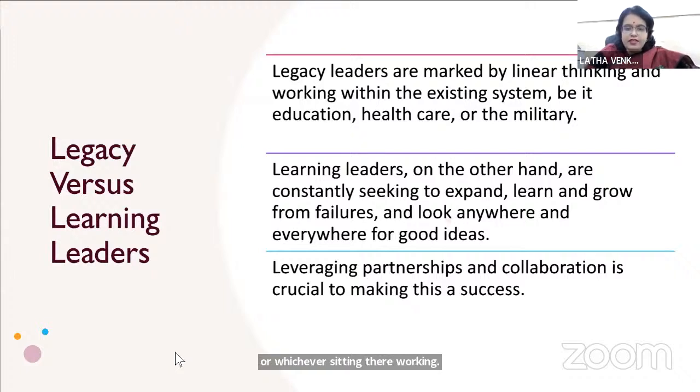Whereas the learning leaders, on the other hand, are constantly seeking to expand, learn, and grow from failures and look anywhere and everywhere for good ideas. So we need to have more learning leaders during the pandemic. So we need to leverage partnerships and collaboration in making the process a successful one during the pandemic.